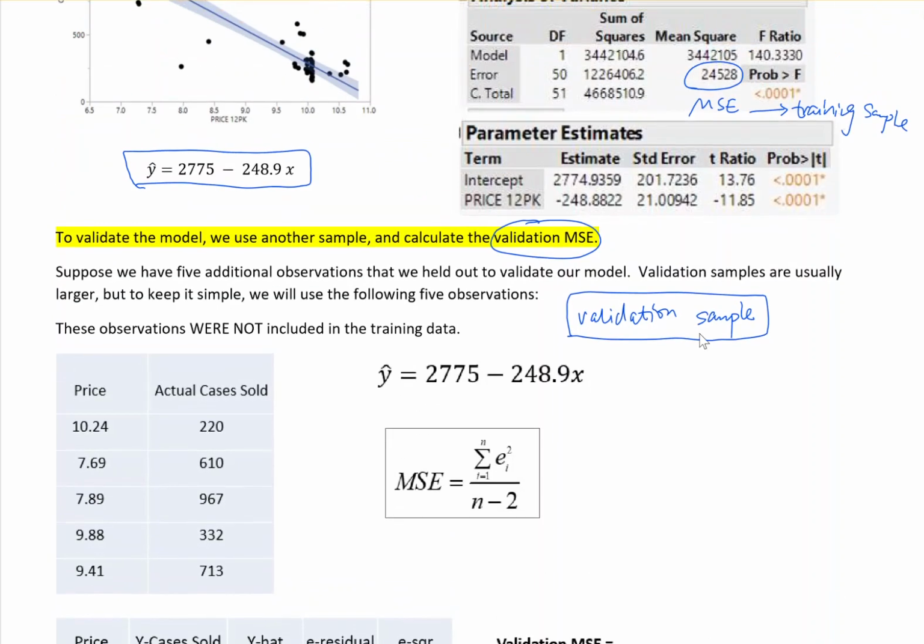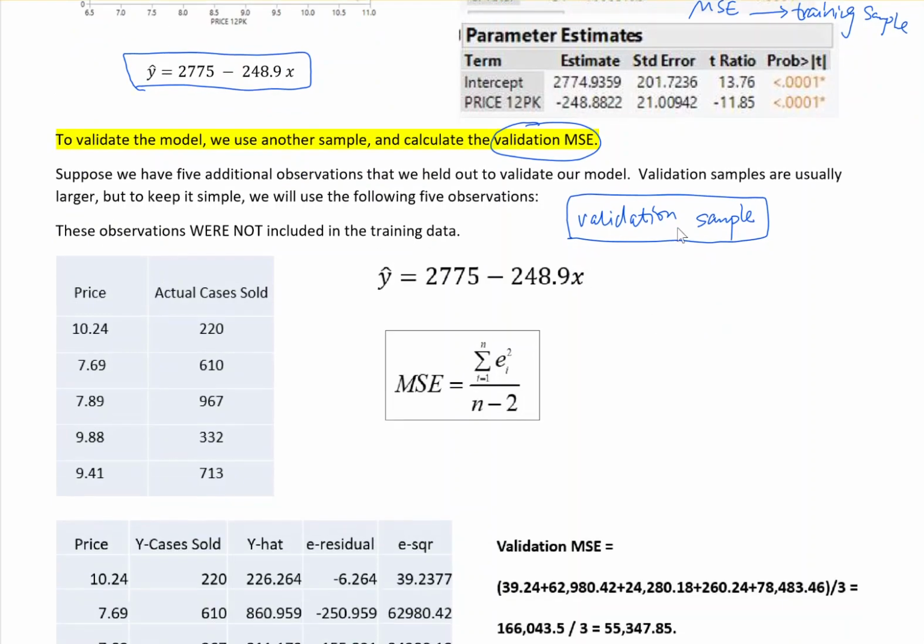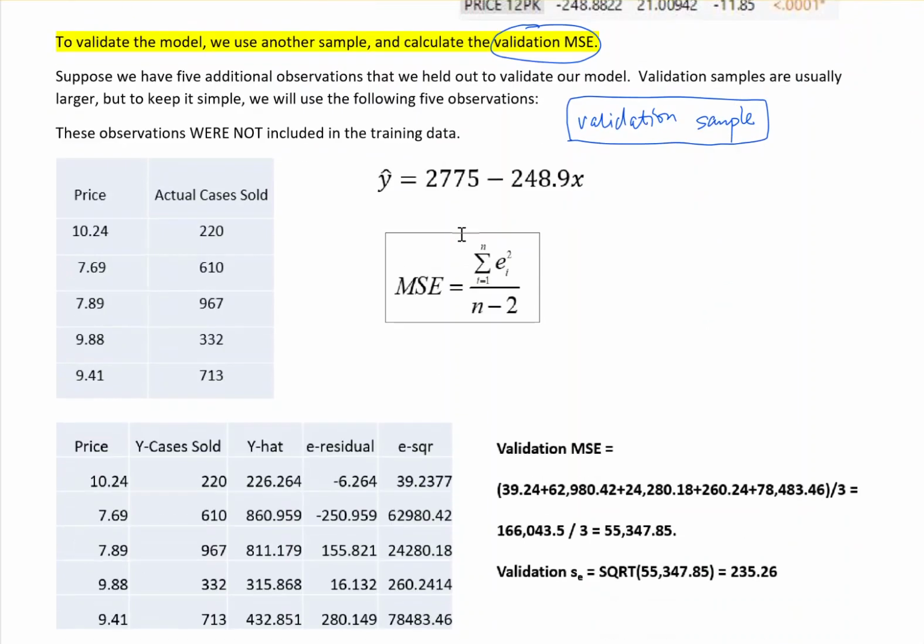So you need to choose another sample that does not contain any observations in the training sample. This is a new sample, and it should not be included in the training data. Here I just use 5 of them, for example.